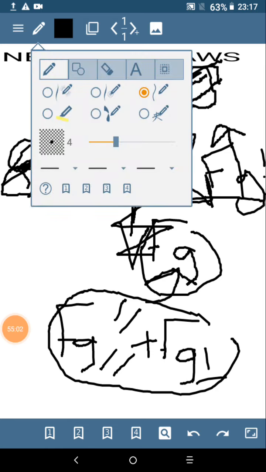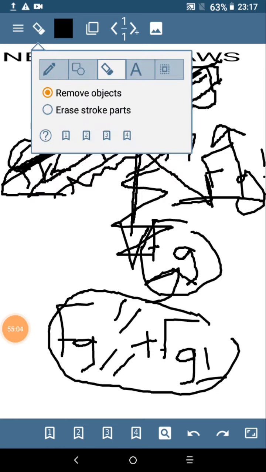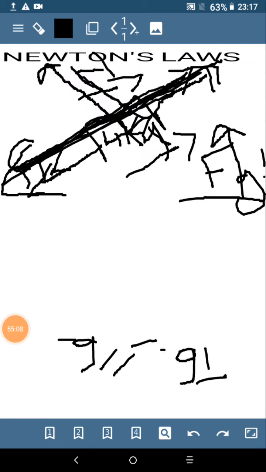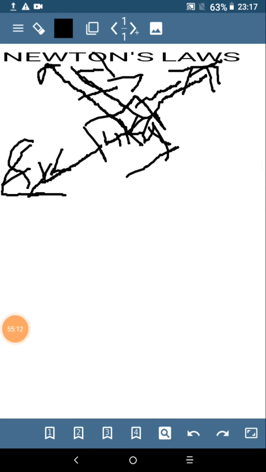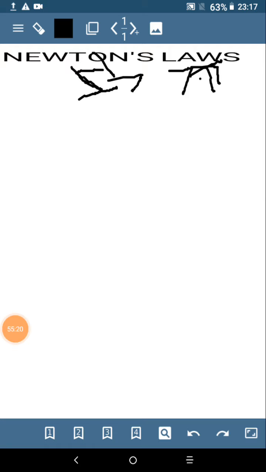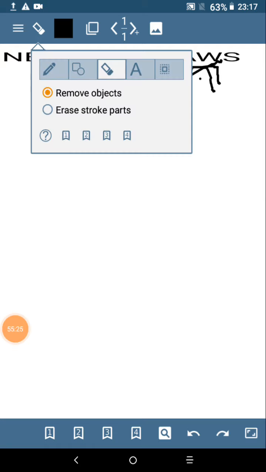So if I were to draw the free body diagram, I'll just redraw it. There was something I wanted to talk about.